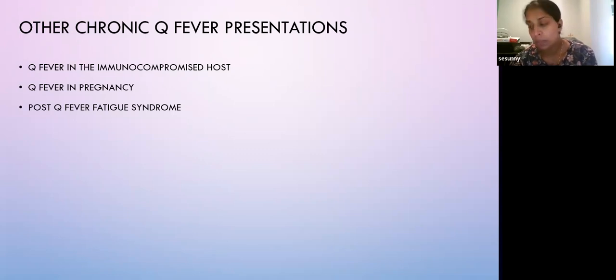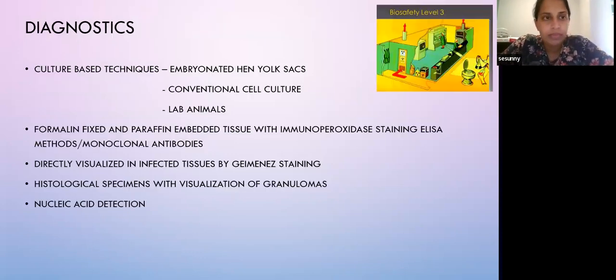It occurs in about 20% of patients who develop acute infection and is thought to be related to the cytokine dysfunction and immunomodulation, especially through interleukin-6 from persistence of Coxiella burnetii.